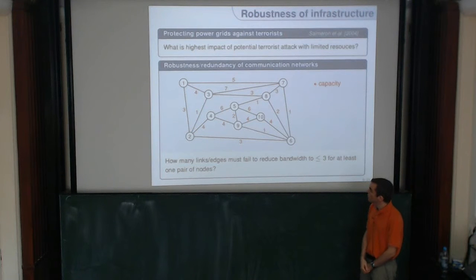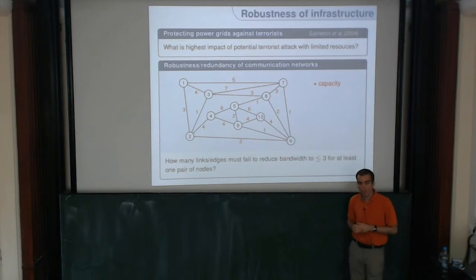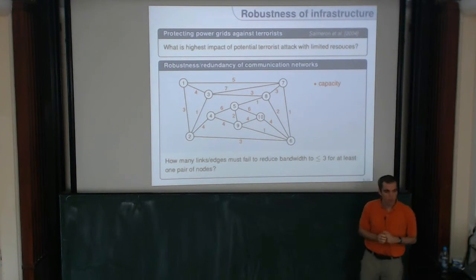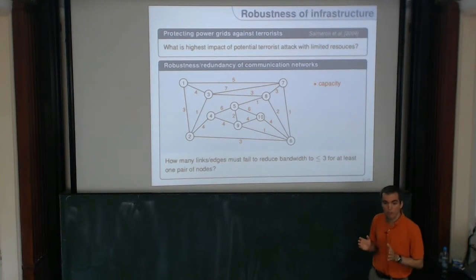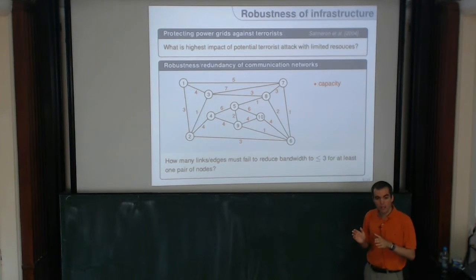Now I could ask the following question. Assume that you want to make sure that between any pair of vertices there is a bandwidth of at least 3. In that graph, the min cut actually has size, I think, 8. So now, a simple question: how many edges do you have to remove, at least, to make that drop below 3?